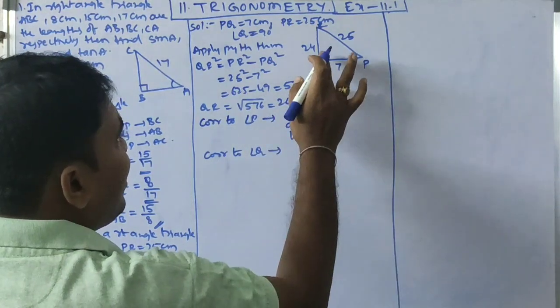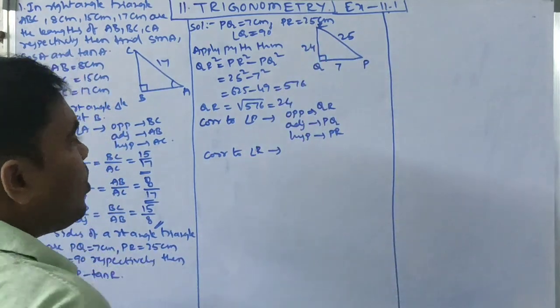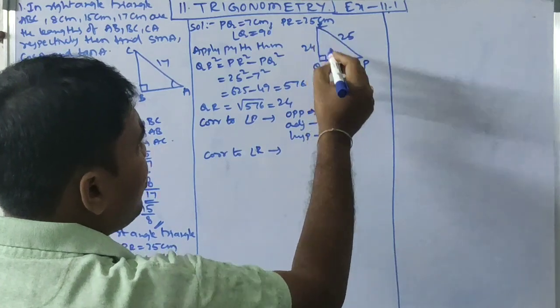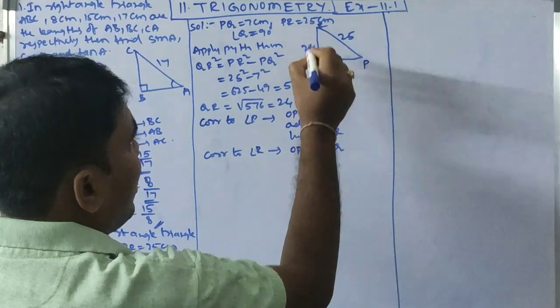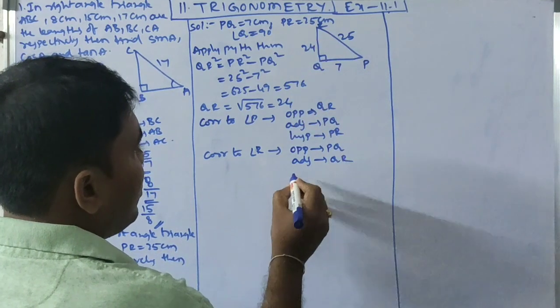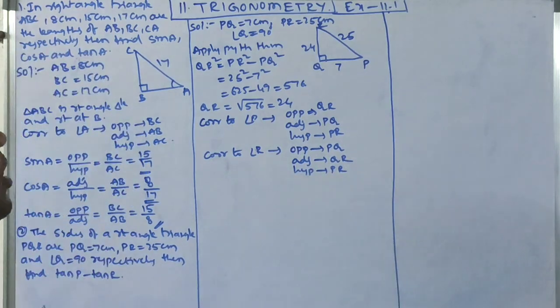We are not taking angle Q because it is the right angle. Other than the right angle, we need to choose. So corresponding to angle R, opposite is PQ, adjacent is QR, and hypotenuse is PR. So these are the sides.